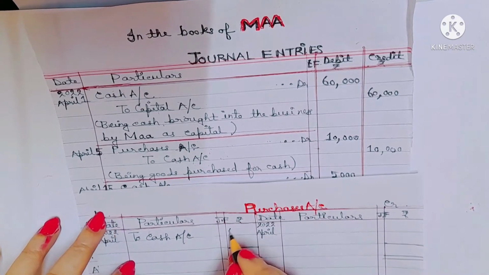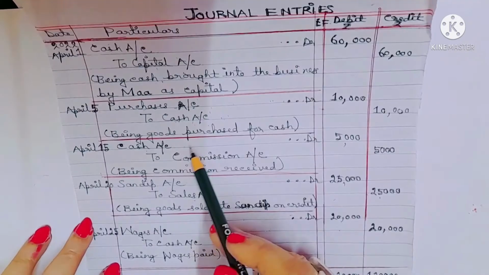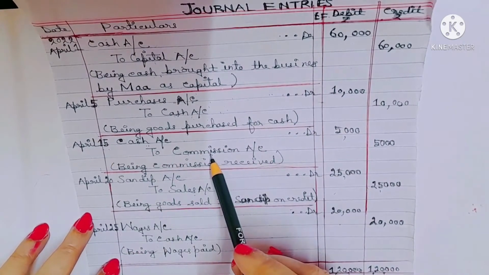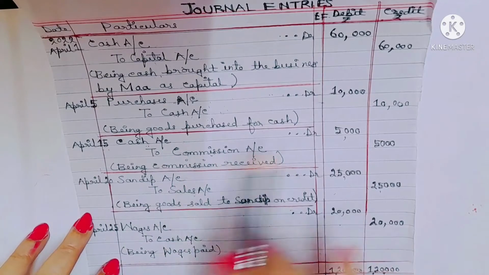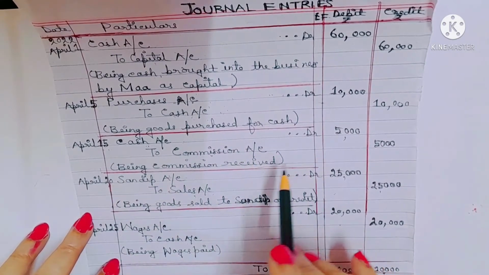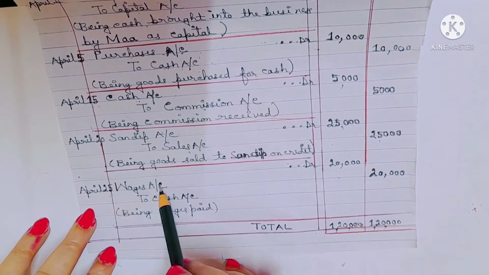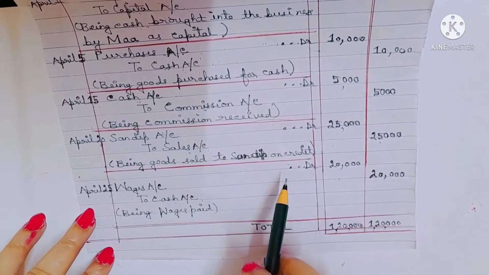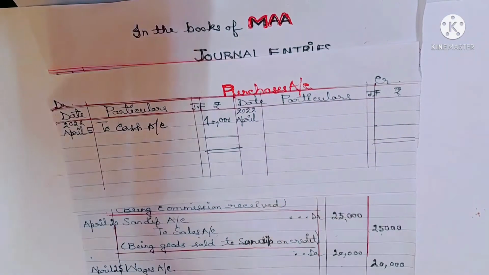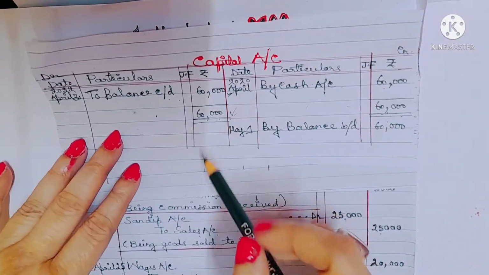To cash account, how much? 10,000. What is the date? 5th April. আর কোনো journal entries আছে? Purchases on 15th April, cash account to commission account, no purchases, ignore. On 20th April, Sandeep account to sales account, no purchases account, ignore. The last journal entry on 25th April, wages account to cash account, no purchases account, ignore. Okay, now let me tell you one thing. See here, capital account, I forgot to tell you.